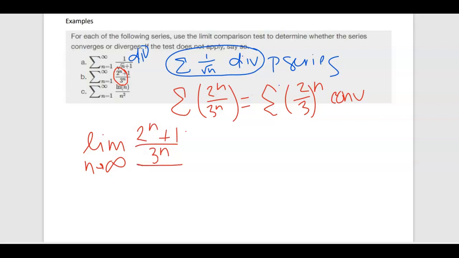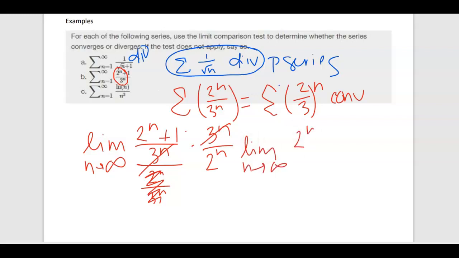and then I divide that by my b sub n, let's multiply by the reciprocal. My 3 to the n's would cancel, and I would be looking at the limit as n goes to infinity of 2 to the n plus 1 over 2 to the n, which equals 1.